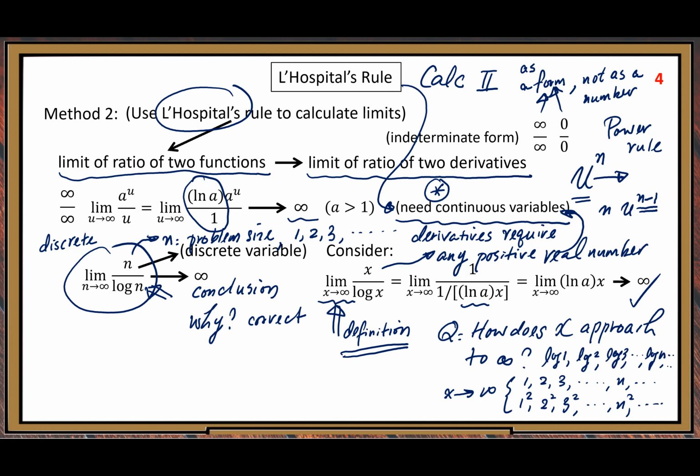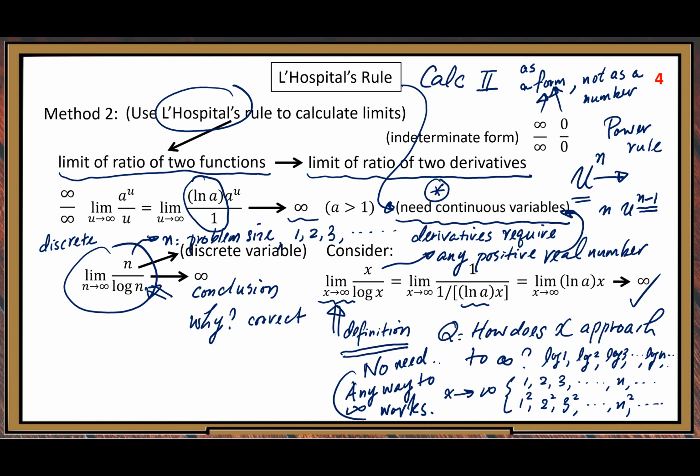There are so many different ways. But in our limit definition, do we need to specify which way for x to approach infinity? No, we do not need to specify. Any way works.